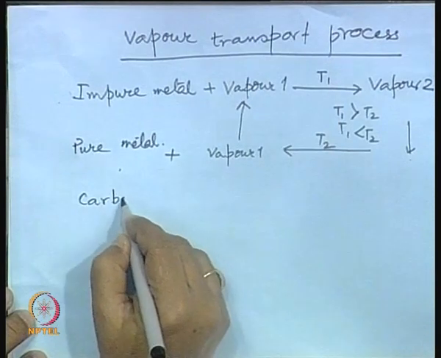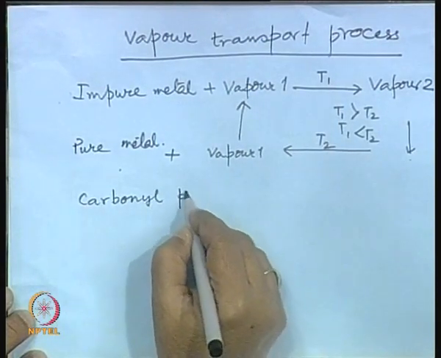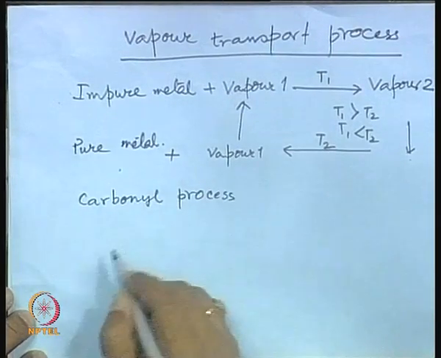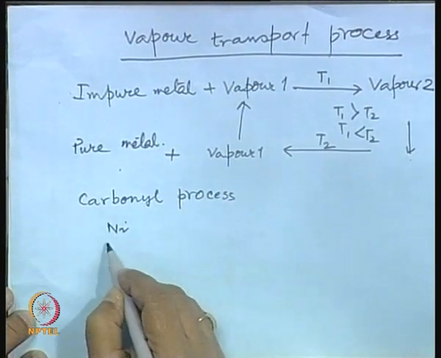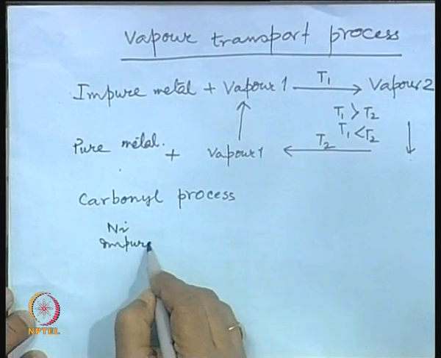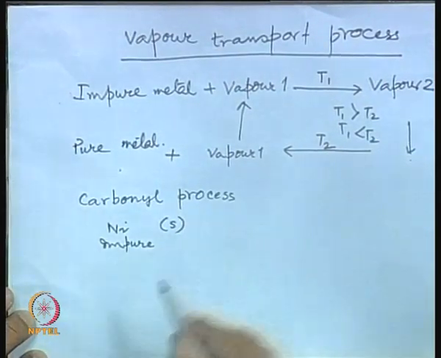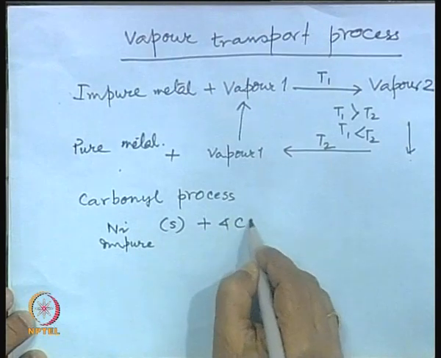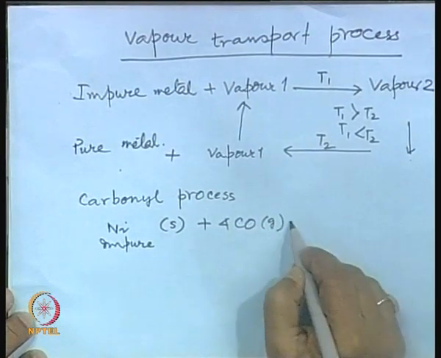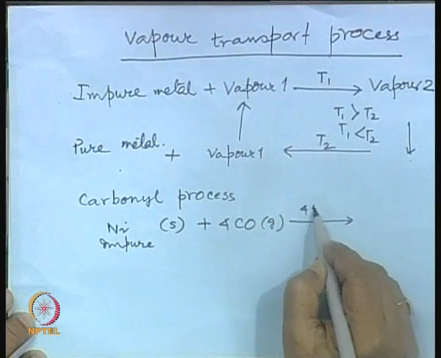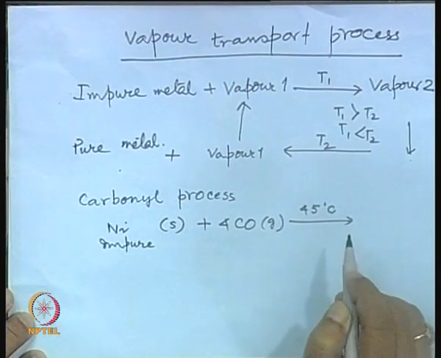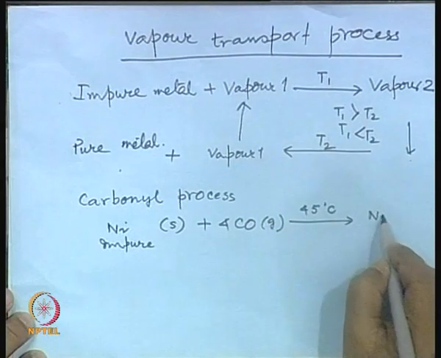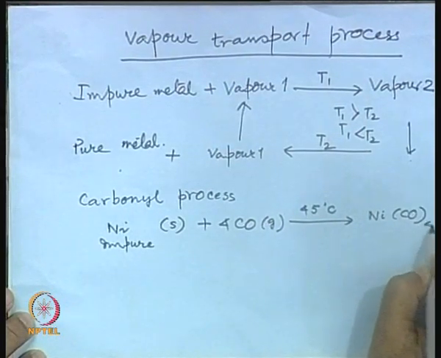There is a very interesting example application of this in the case of purification of nickel. That has a special name called the carbonyl process, where impure solid nickel is made to react with carbon monoxide, which is a gas, at about 45 degrees. At such low temperatures, it can be converted to nickel carbonyl.